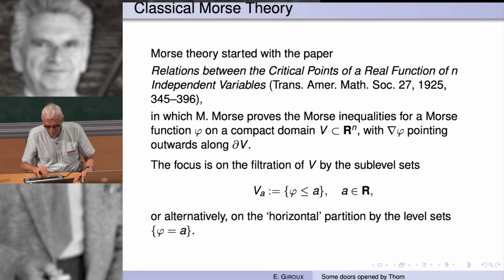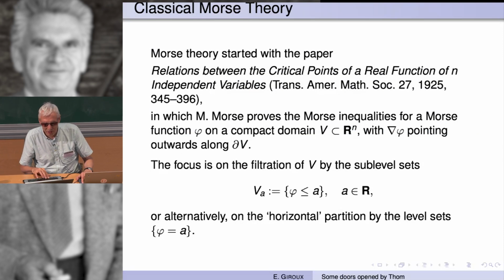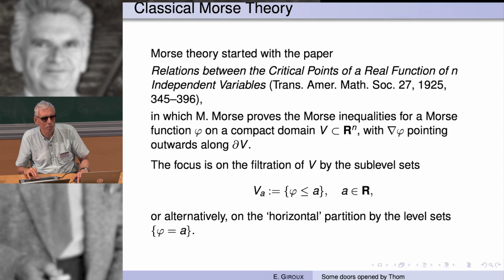Okay, so it's not just the centennial of Thom's birth, actually, it's also the centennial of Morse theory's birth. So Morse theory started with this paper, Relations on the critical point of a real function of n independent variables, in which Marston Morse proves the so-called Morse inequalities for a Morse function on a compact domain in Rn, where you assume that the gradient vector field is pointing outward along the boundary.